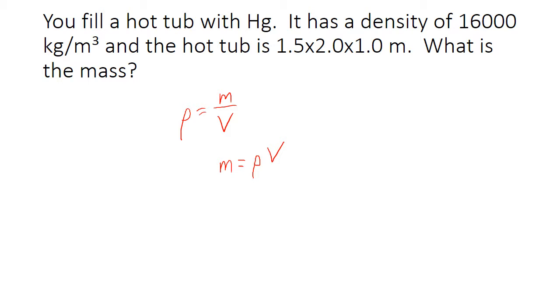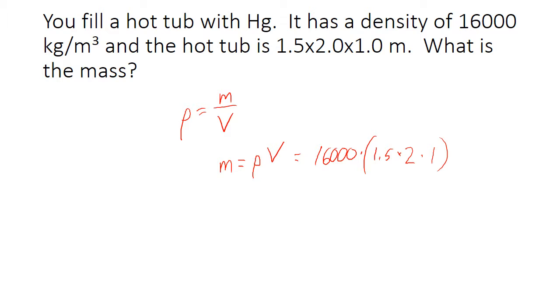All right, and then we're just going to plug everything in because it's easy like that. Density, we know what that is. It's 16,000. And then we are going to find the volume. The volume is 1.5 by 2 by 1. So altogether that would be a 3.